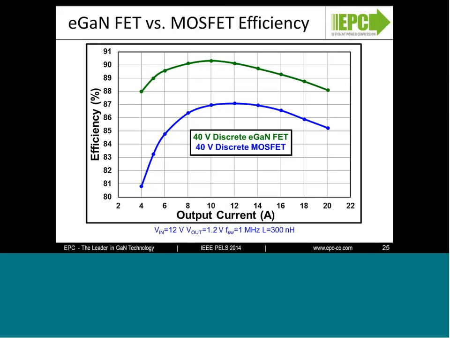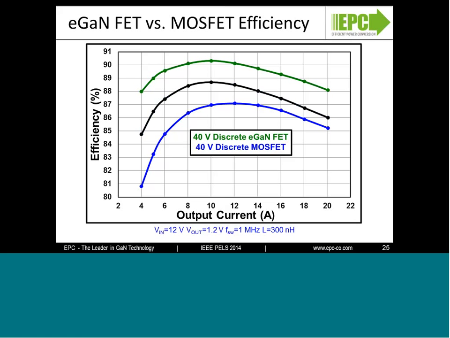And that has to do with a much lower figure of merit, a much lower package inductance in the device, and also a better PC board layout due to the low parasitic packaging capable of the device.